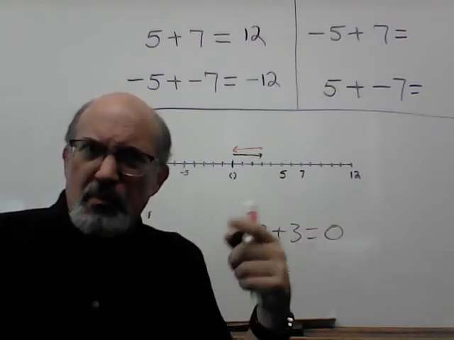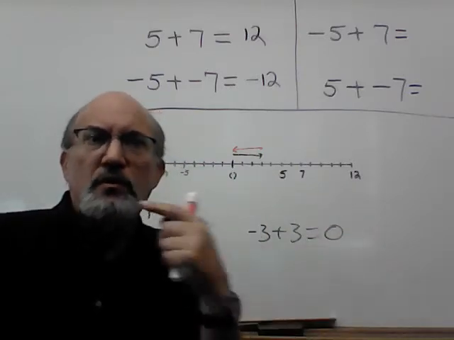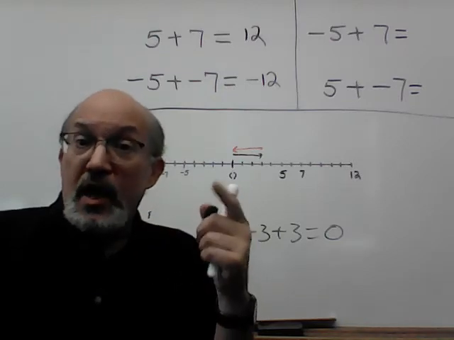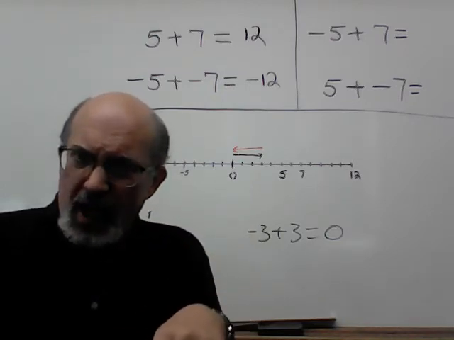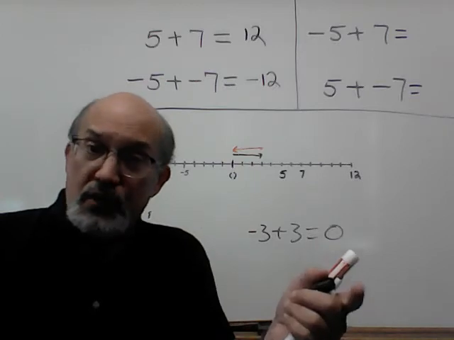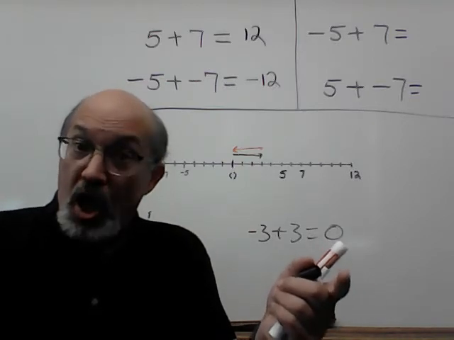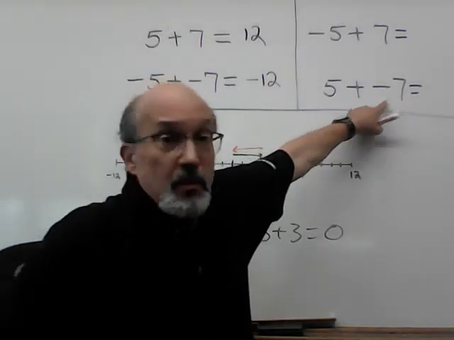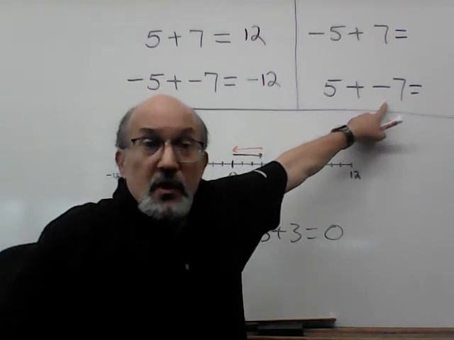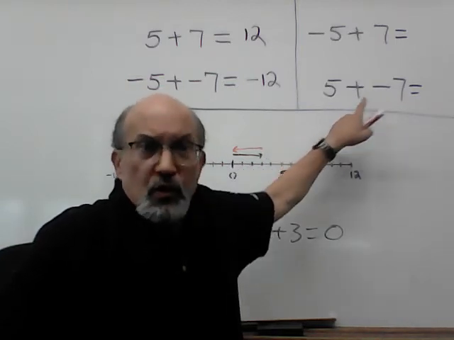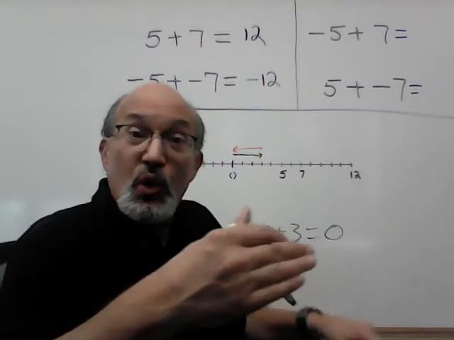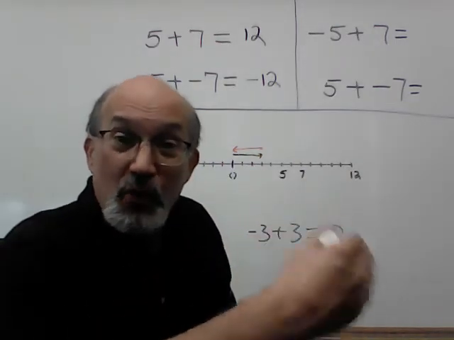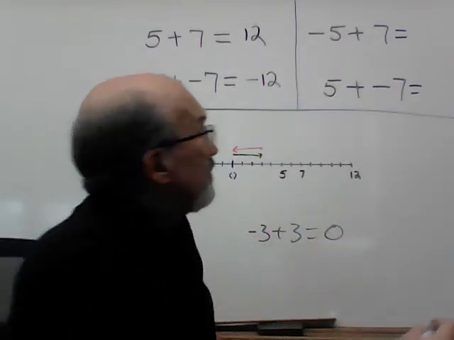You have a positive number added to a negative number. But this time, after doing 7 minus 5, you have to realize that the answer is negative 2. Because this time, the negative 7 is further away from 0 than the 5, so you have to go with the sign of that one that's further away from 0.